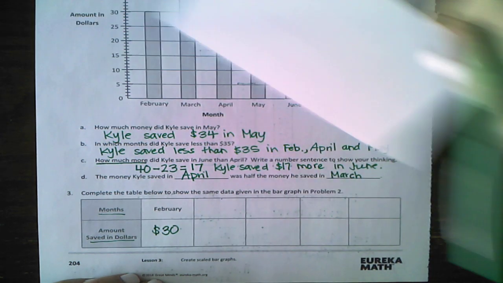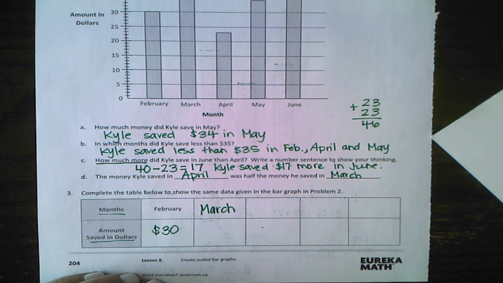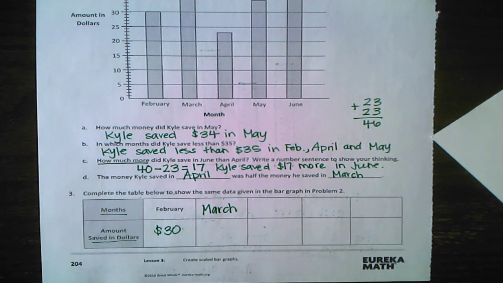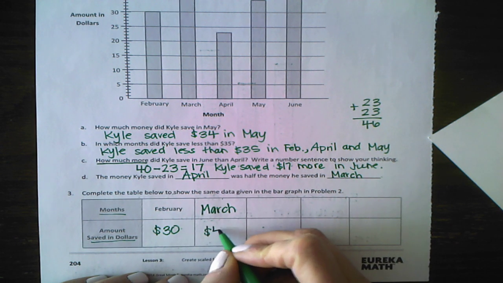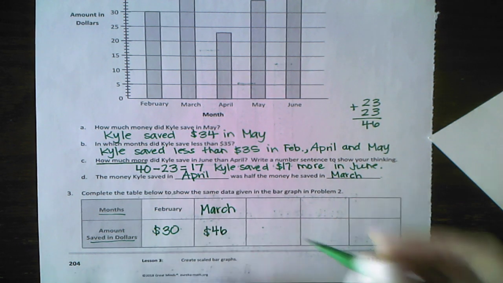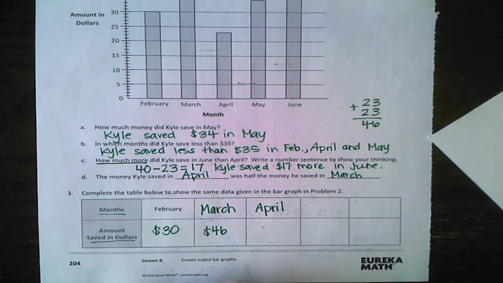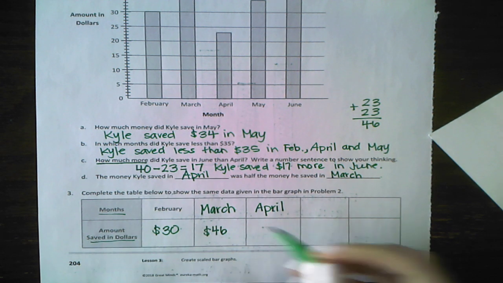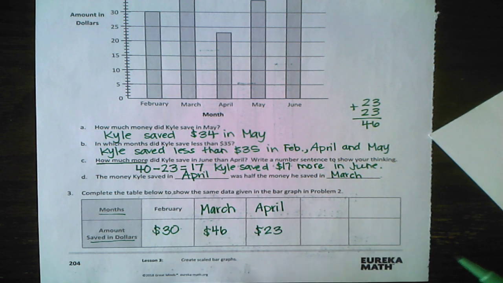The next month is March. And we know how much he saved in March. We just did all that work. Remember, we did the 23 plus the 23, and it was 46. Go ahead and write 46. April. In April, he saved half as much as he saved in March, which was, you got it, $23. We have this stuff memorized.